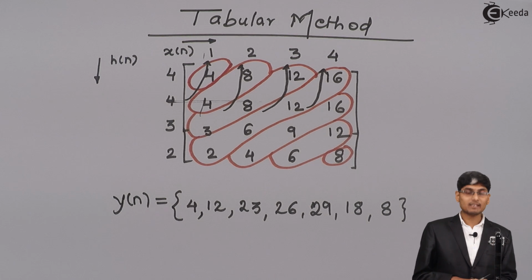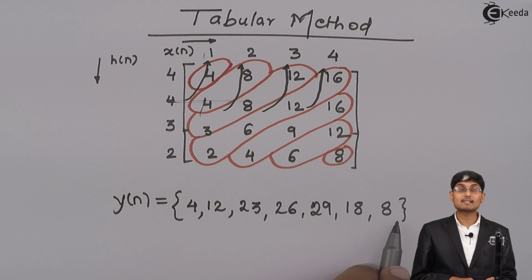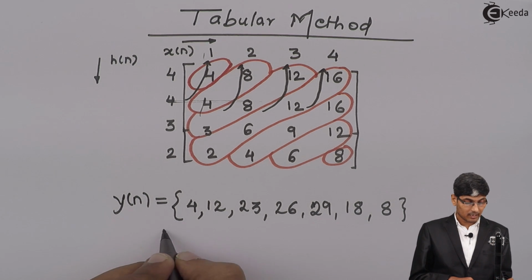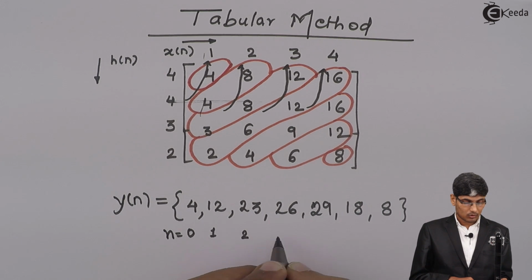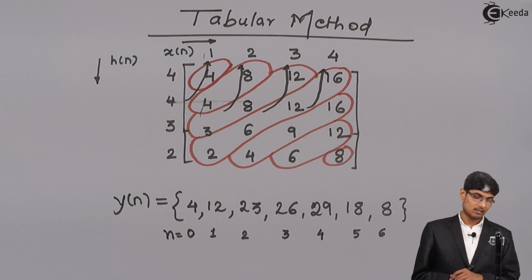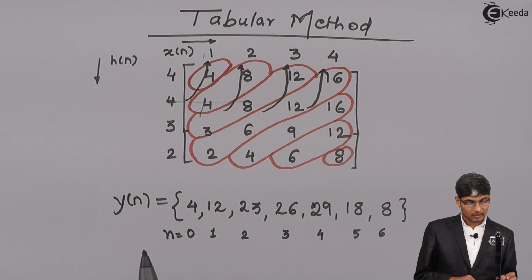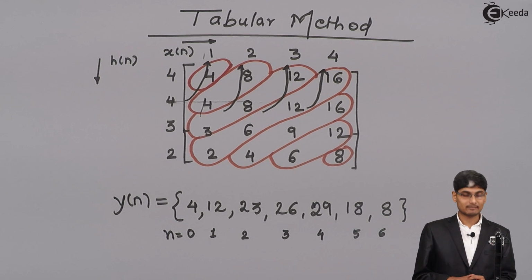So how many samples am I getting? 1 2 3 4 5 6 7 samples. But if I write in terms of n, then n will start from 0, 1, 2, 3, 4, 5, 6. So n will go from 0 to 6, whereas my total number of samples are 7.